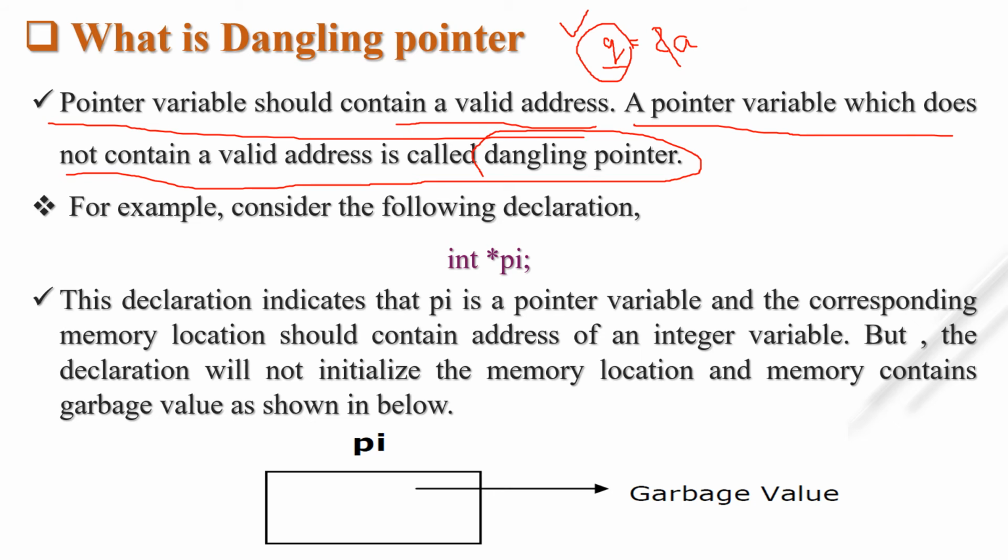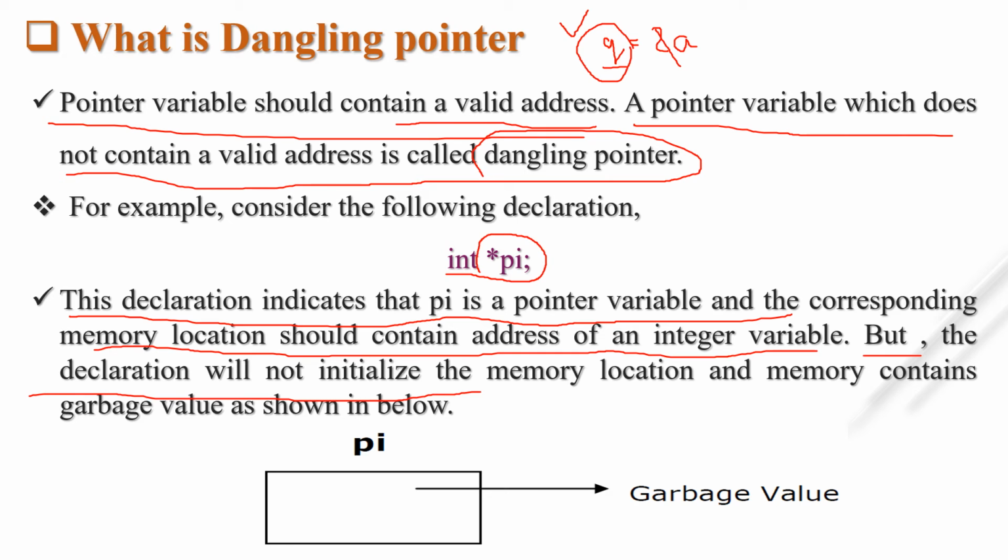For example, consider the following declaration. Suppose I declare integer pointer pi. This declaration indicates that pi is a pointer variable and the corresponding memory location should contain the address of an integer variable. But the declaration will not initialize the memory.